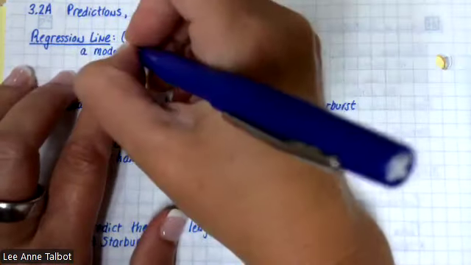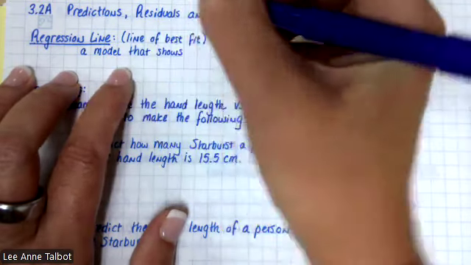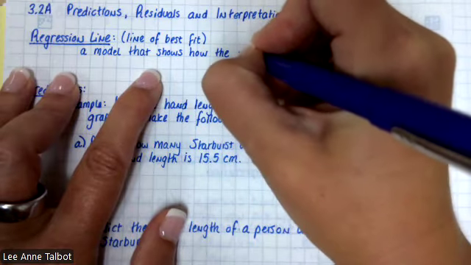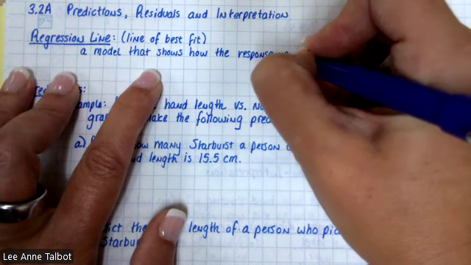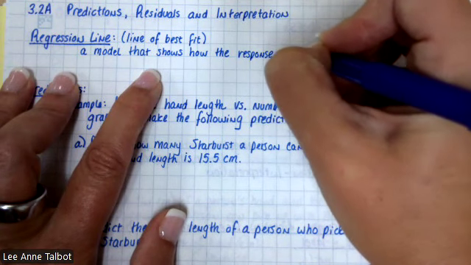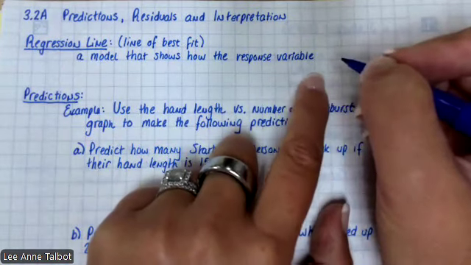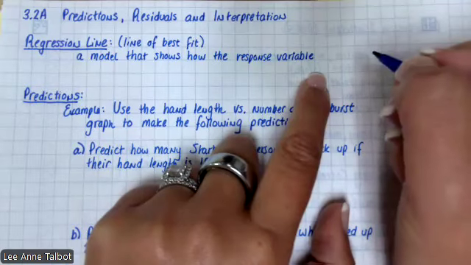But anyway, this is a model that shows how the response variable changes as the explanatory variable changes. Which one is the response variable? Is it X or Y?